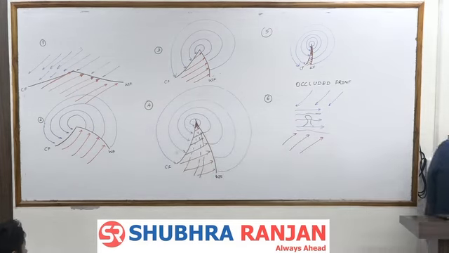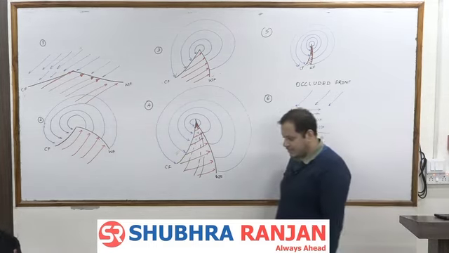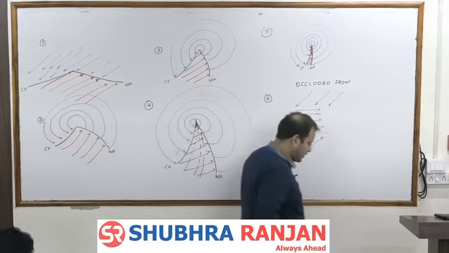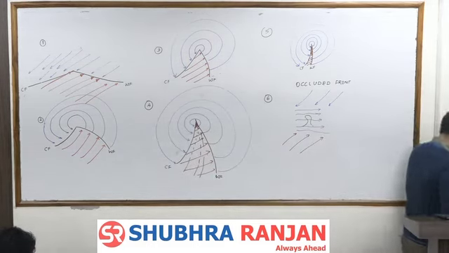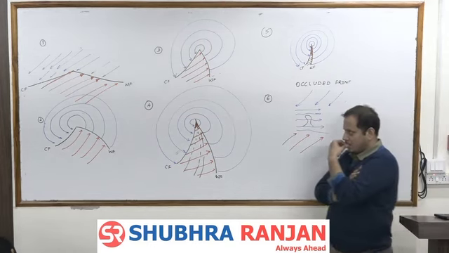So you can take down: the temperate cyclones originate with frontogenesis.